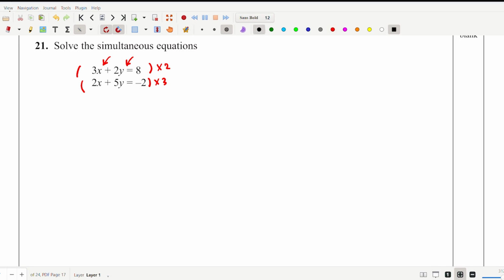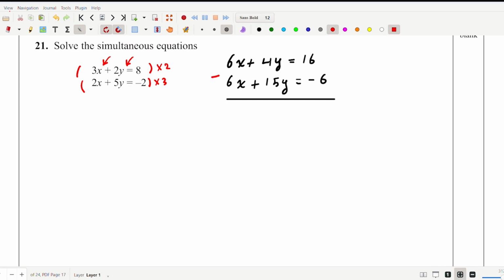These equations are 6x plus 4y, which is equal to 16. The second equation here will be 6x plus 15y equal to minus 6. So now they have the same sign here. 6 and 6 are positive, so we'll subtract these two equations.